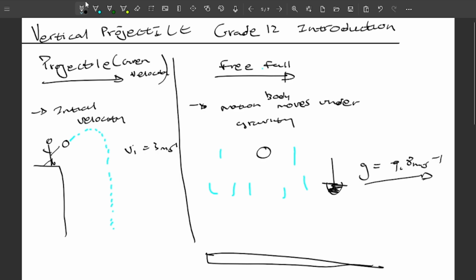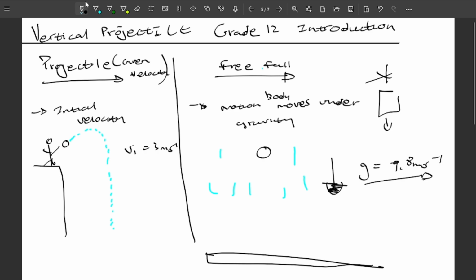Now, free fall, the object itself falls under the influence of gravity. Now, here's one thing that many students don't understand. Vertical projectile does not end here. It is also included in some other parts of Newton's laws. For example, when they say that a cable snapped, the object will be falling down.